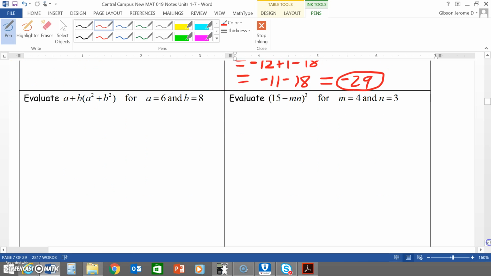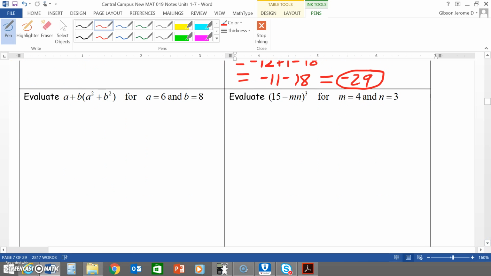Okay, now we come here to the next problem. Again, we're substituting. So first we would substitute in 6 wherever A appears, and then we would substitute in 8 wherever B appears.